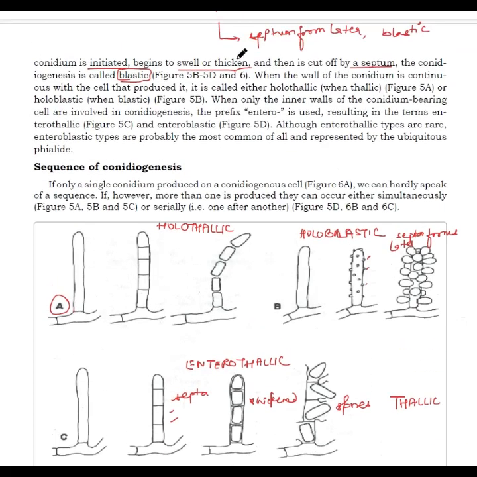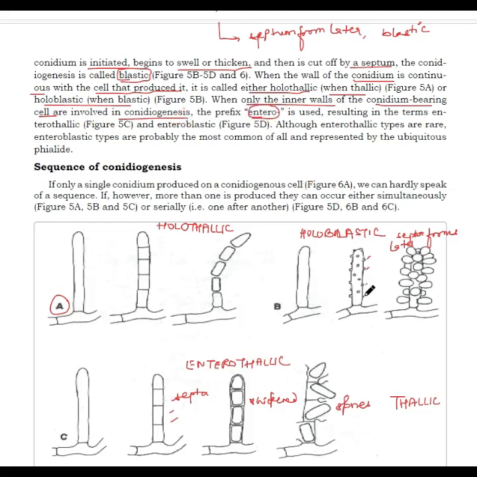See here, when the wall of the conidium is continuous with the cell that produced it, it is called either holothallic when thallic or holoblastic when blastic. In another case, when only the inner walls of the conidium-bearing cell are involved in conidiogenesis, then entero is used.